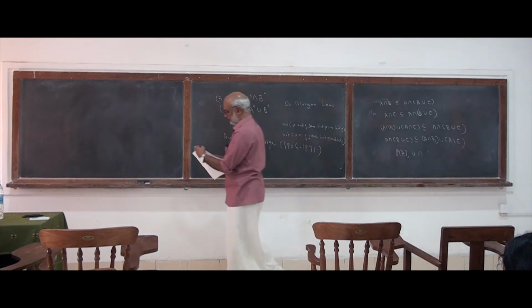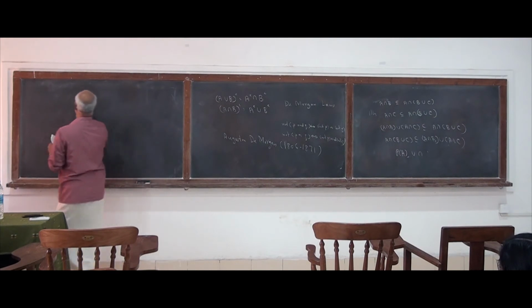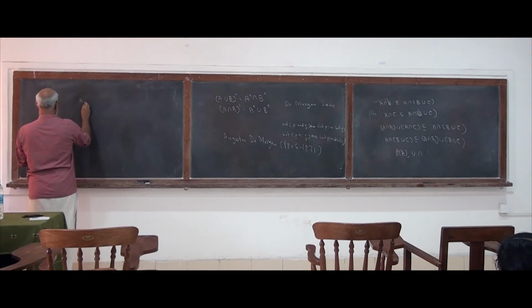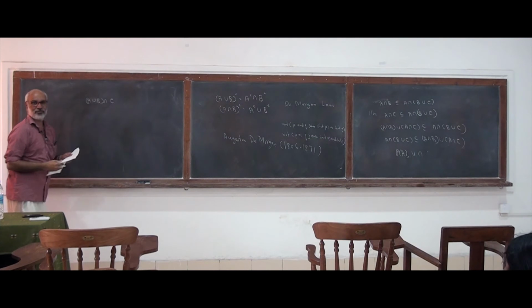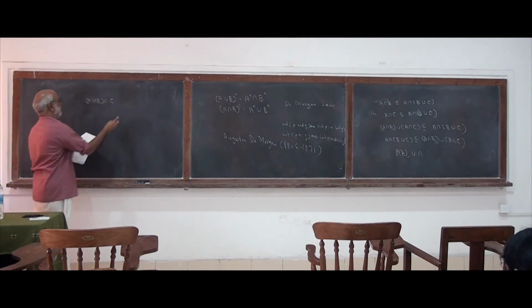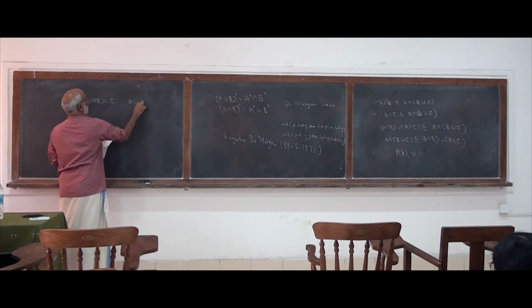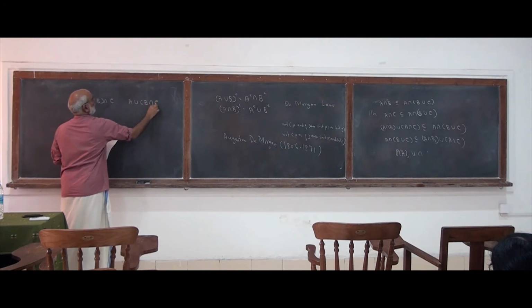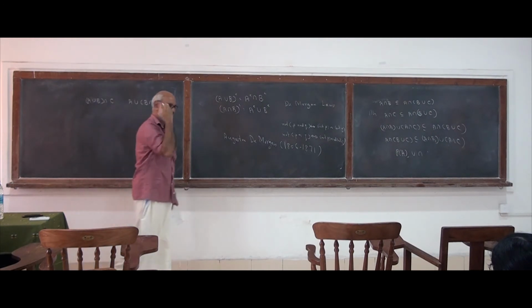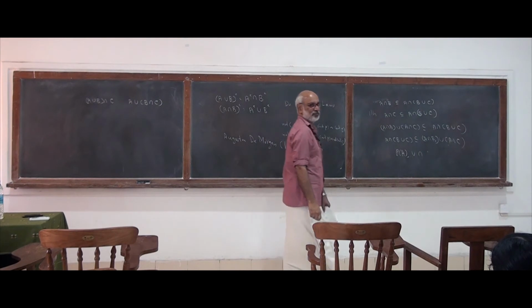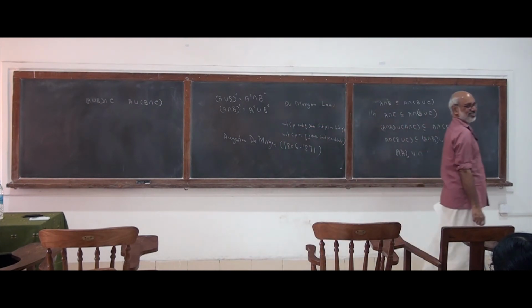What about this: A intersection B union C, and A union B intersection C. Are they equal?